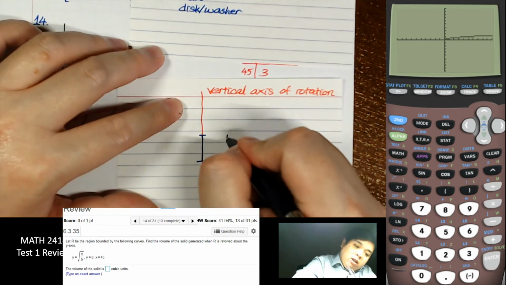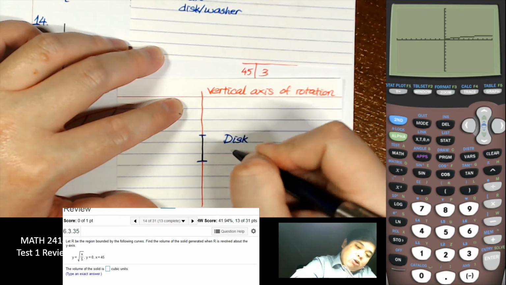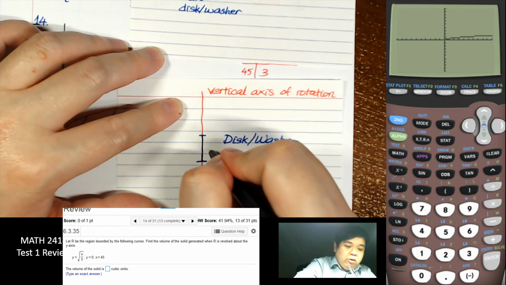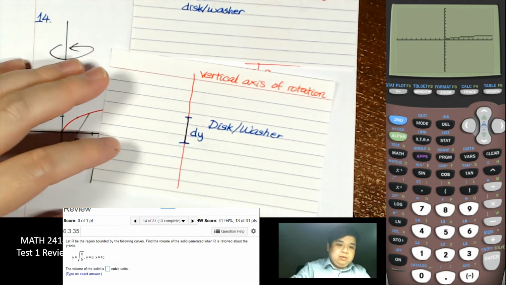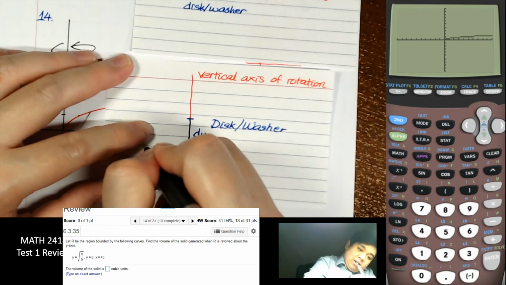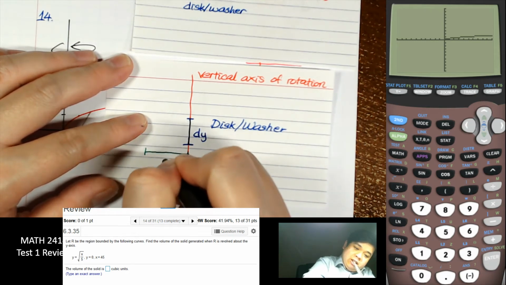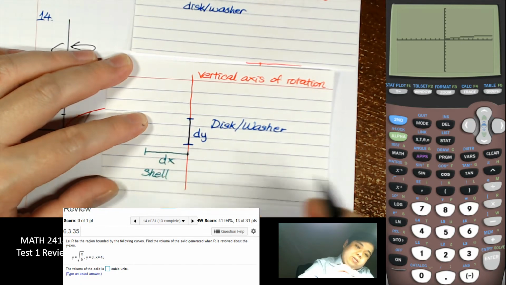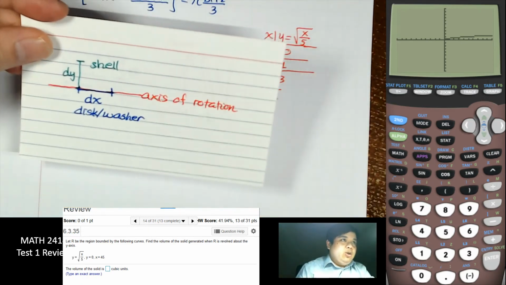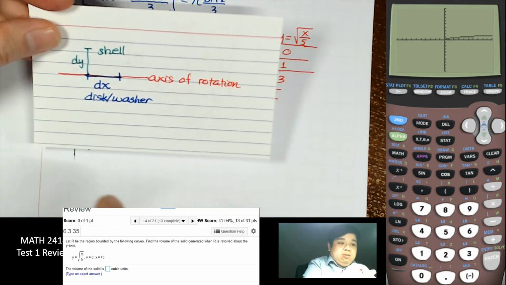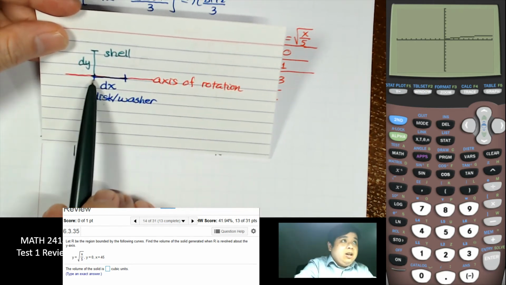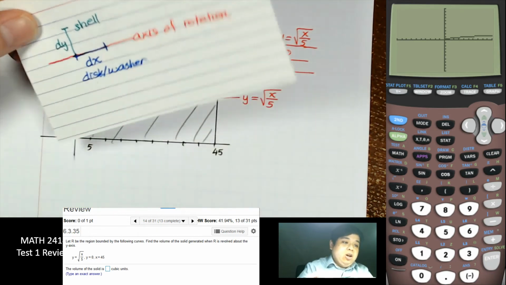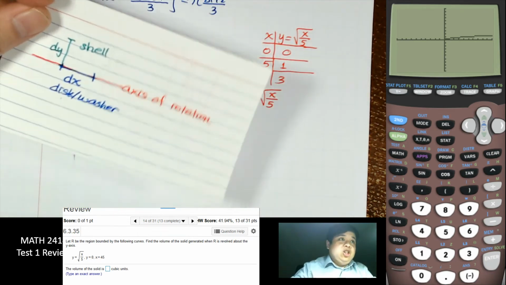The disk or the washer method will be parallel to it, which is also vertical, so it's going to be dy. And the shell method will be perpendicular to it, will be dx for the shell method. So the axis of rotation will be parallel to it if it's a disk or washer, and perpendicular to it if it is a shell method.